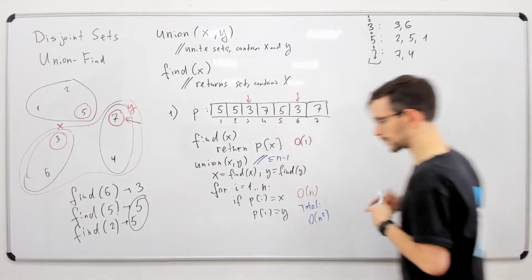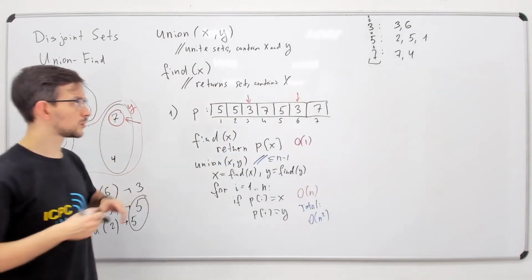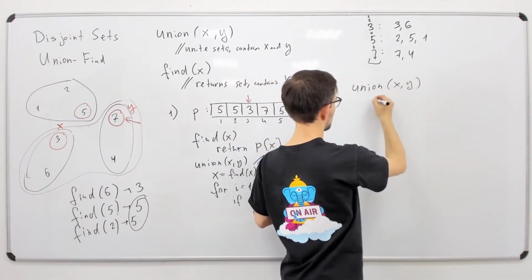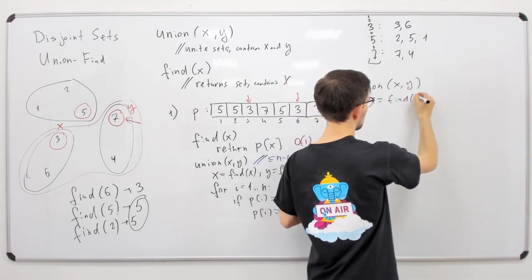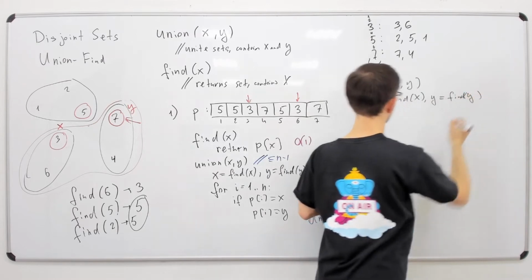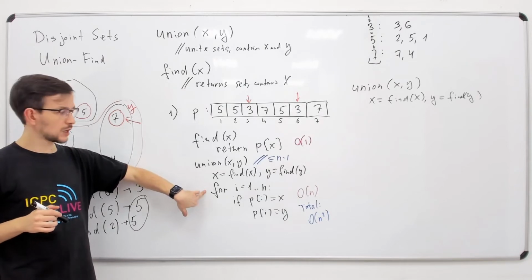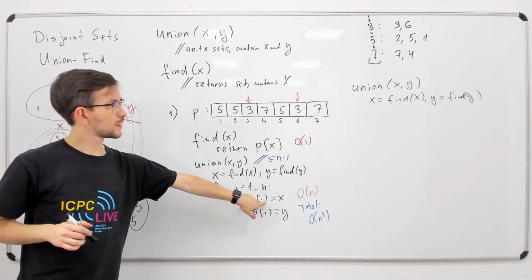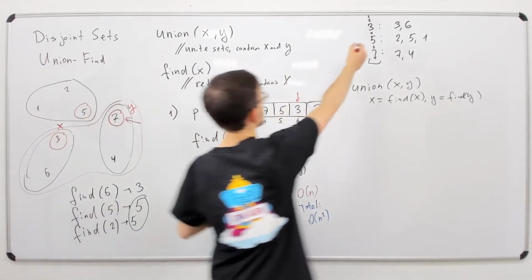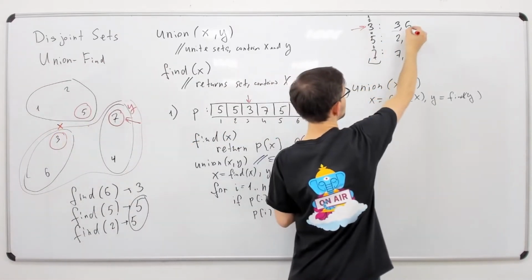Let's go back here. So how can we rewrite this union? Let's say X equals find X, Y equals find Y. Now we need to take all elements with value equal to X. To do this, we just take the corresponding list and iterate over these elements.